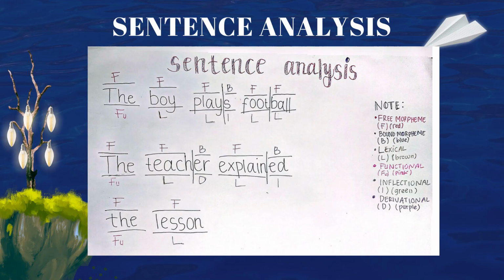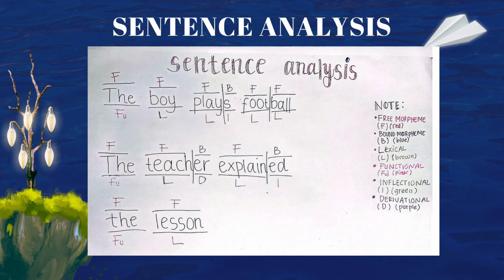And next is explained. Explain is a free morpheme and ed is a bound morpheme. Explain is a verb. So verb is included in lexical. Ed is inflectional because the ending ed doesn't change the word class and doesn't change the meaning of a word.